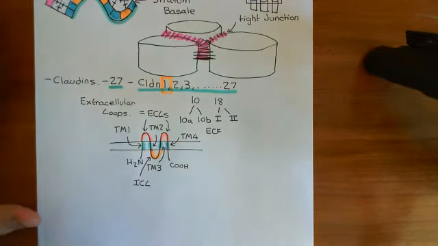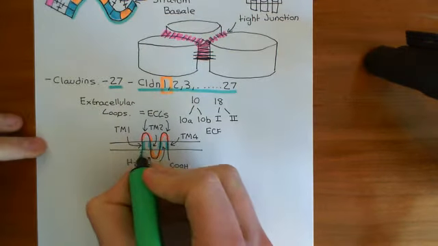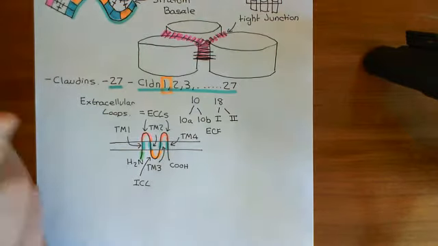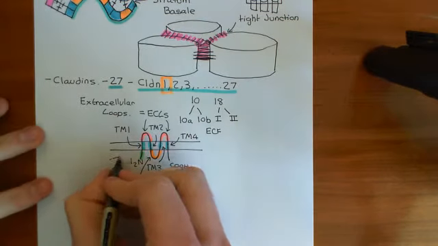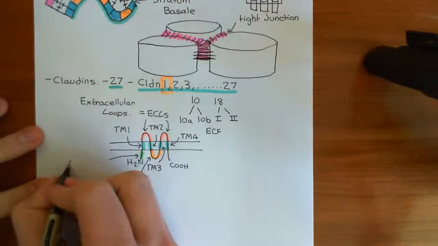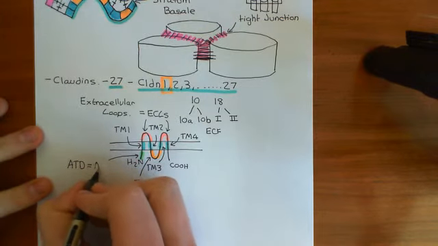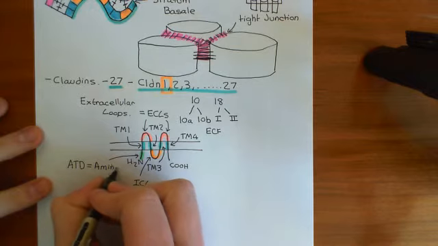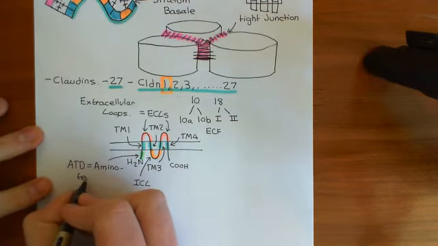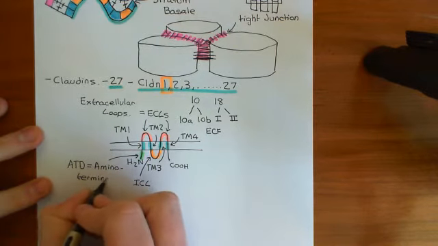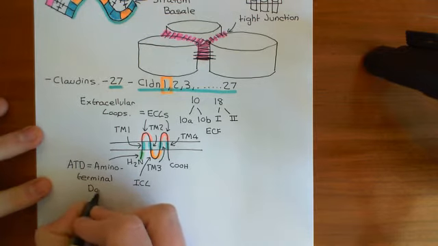In addition to the two extracellular loops and this intracellular loop, other important domains include the amino terminal domain, which is prior to TM1. This is called the amino terminal domain, or ATD: amino because it's close to the amino terminus, terminal, that's the T, and the D is for domain.